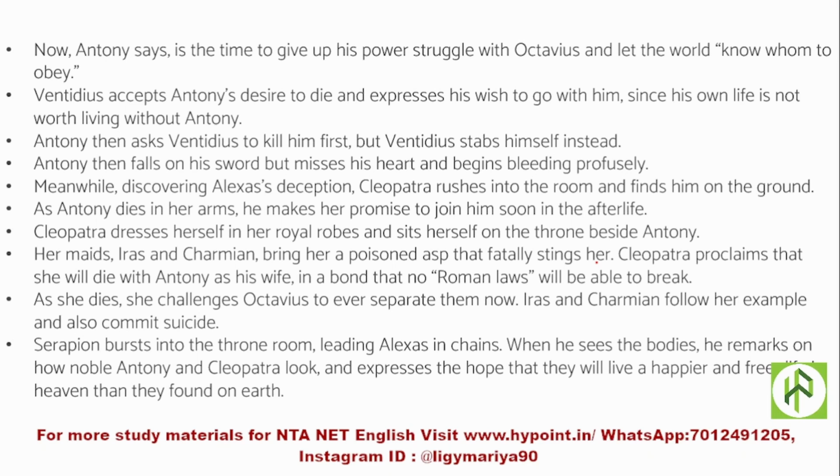It's a very poisonous snake, the asp. So she asked to bring that snake, and she allowed that snake to sting her breast, and Cleopatra proclaims that she'll die with Antony as his wife in a bond that no Roman laws will be able to break.